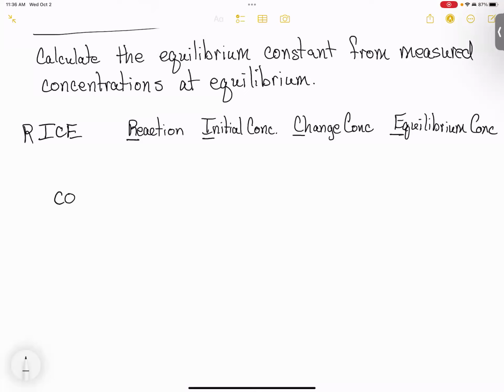We have carbon monoxide gas reacting with 2 hydrogen gas to form CH3OH gas. That is our reaction.